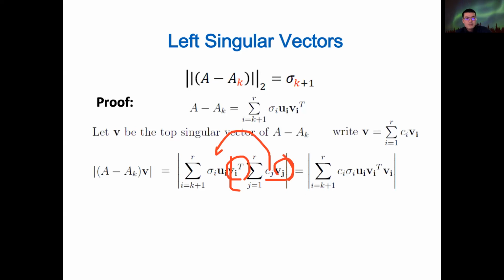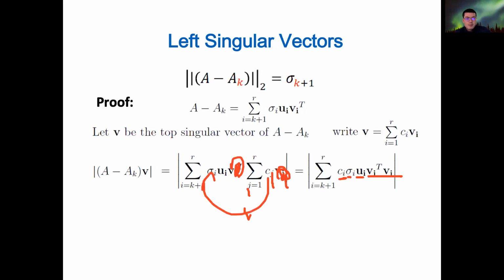Only one term survives, when j is equal to i, which gives c_i times V_i. When this is V_i, they cancel, because the inner product is 1. So this is really V_i, c_i, sigma_i. Because these two terms are 1.